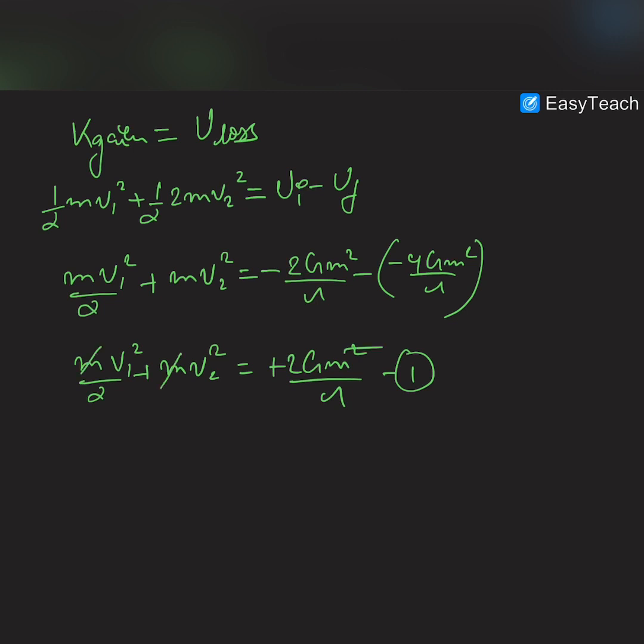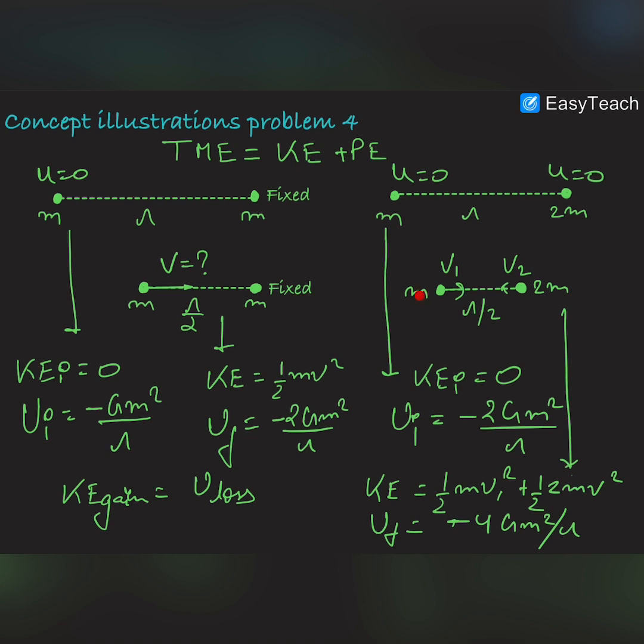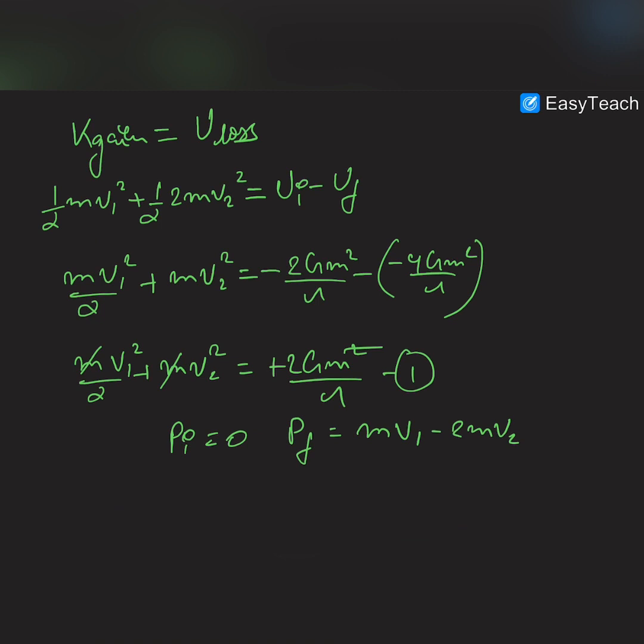So now we use momentum conservation to find these two variables. Initial momentum was 0, and finally the momentum was mv1 minus 2mv2, because this mass was moving in this direction and this mass was moving in that direction. We equate it to 0 because the initial and final momentum are equal, since there is no external force acting on the system.